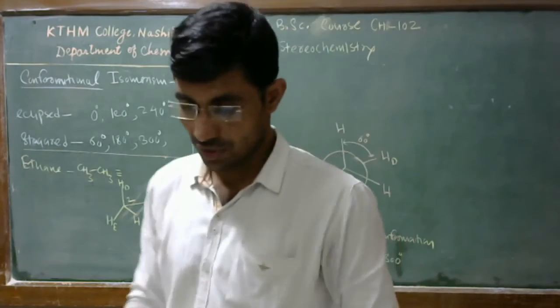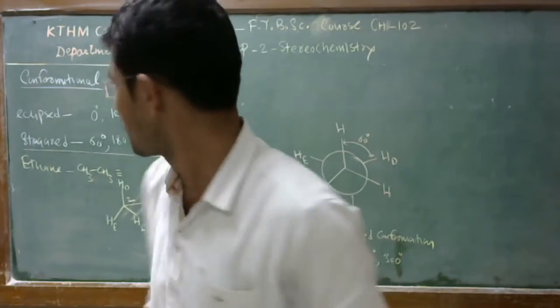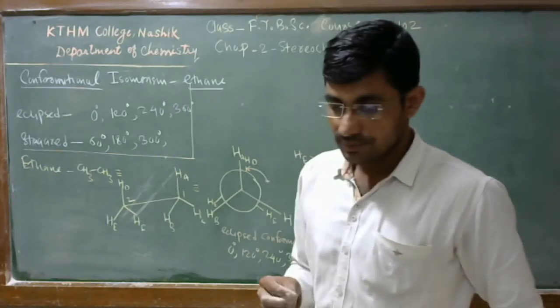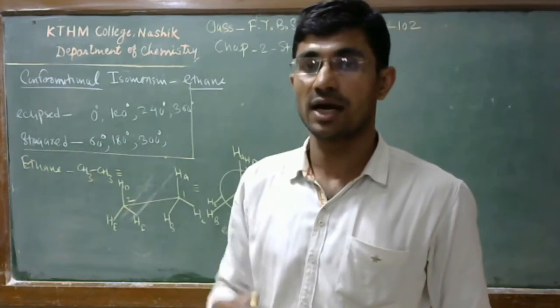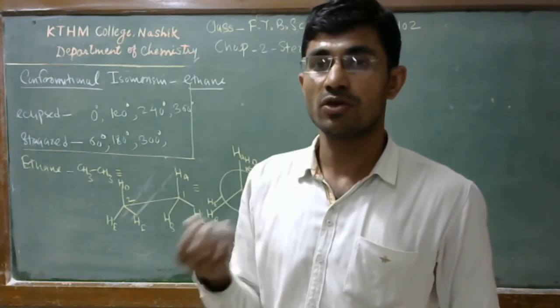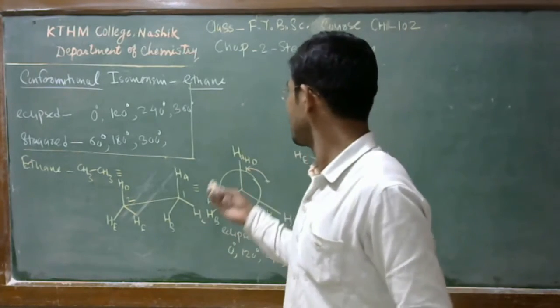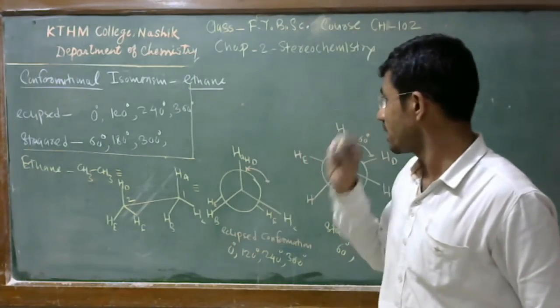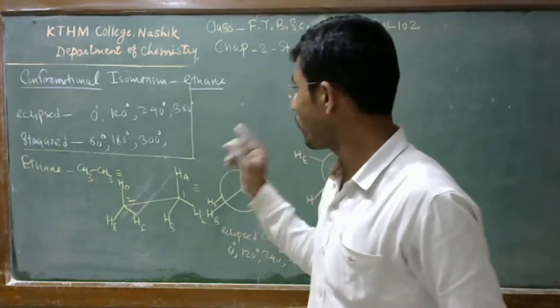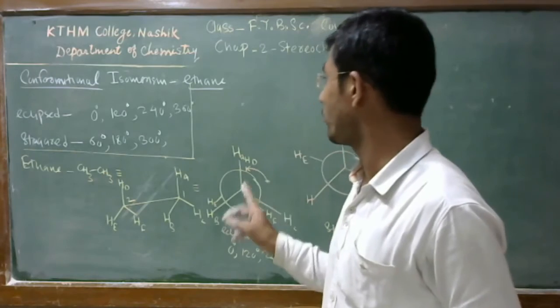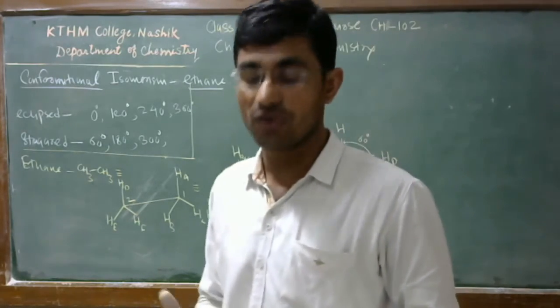Dihedral angle changes from 0 to 360. So here our molecule exists in two conformations, eclipse and staggered. For angle 0, then 120, 240 and 360, we can observe the eclipse. And for angle 60, then 180, 300, we can observe staggered.